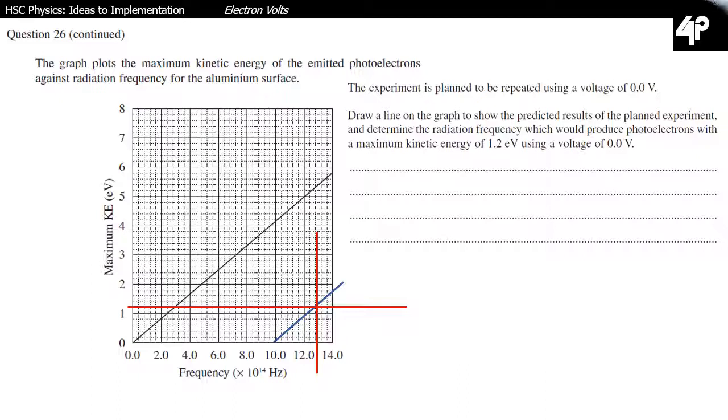If you judge by the scale of the x-axis, each line is going up by an increment of 0.4, so we're pretty much going here and reading a value of 12.8, and remember it's times 10 to the 14 hertz, and that's your final answer.